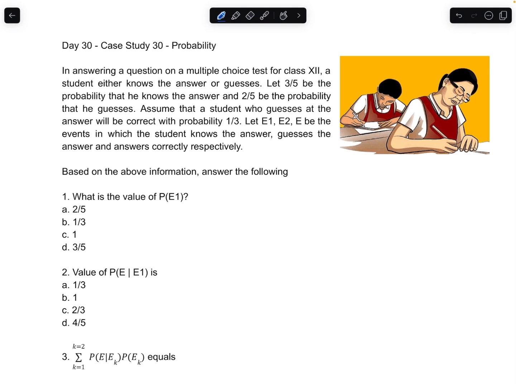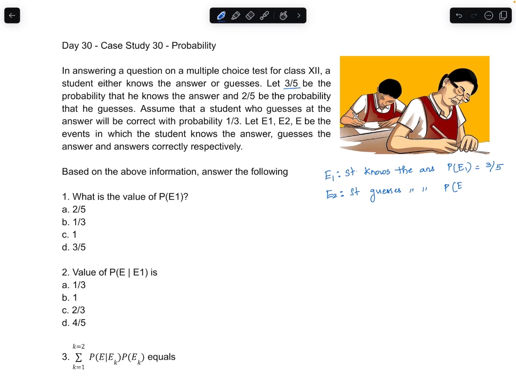So, let's take down what is given in the question. E1 is student knows the answer. That is, P of E1 according to the passage is 3 by 5. E2 is student guesses the answer.